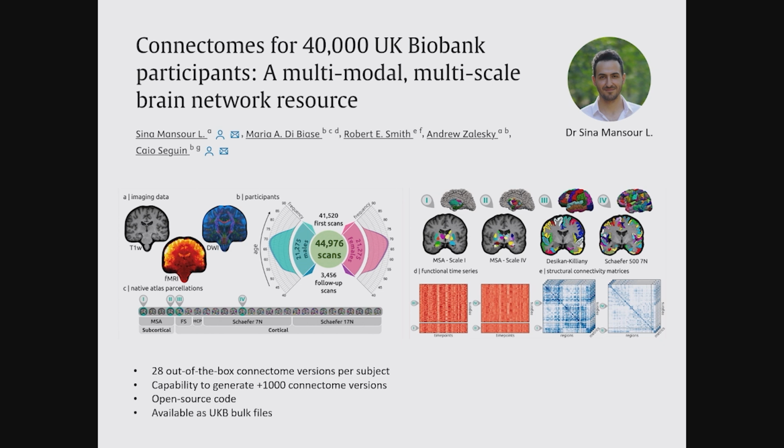The code is all open source, and if you're familiar with the UK Biobank, these are now available as bulk files. I forgot to add Sina's GitHub, but there's a lot more information there. But if you just Google the paper, that will show up.